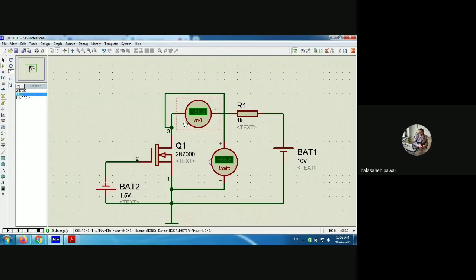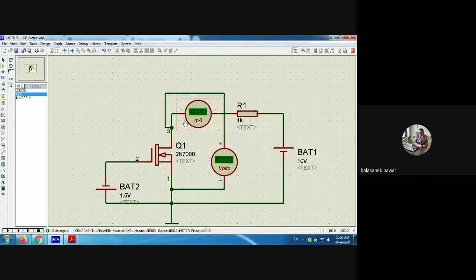Similarly, the second one, output characteristic. The output characteristic is the characteristic between output voltage and output current by keeping input constant. Now, what input constant, that we will define later on: either input voltage constant or input current constant.